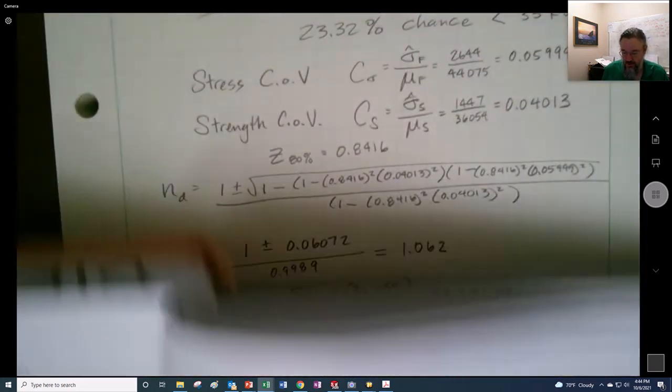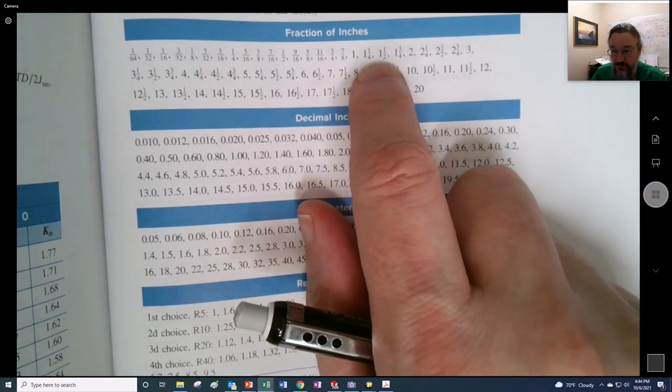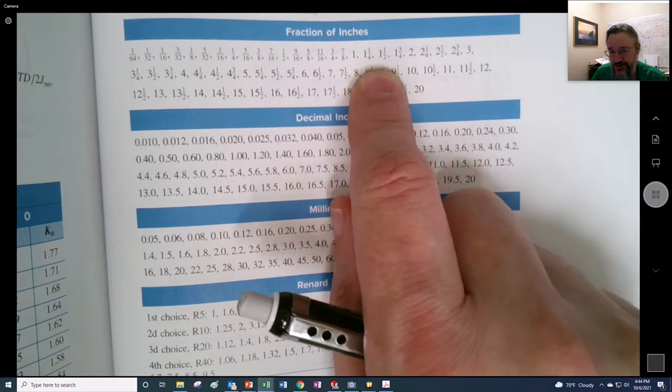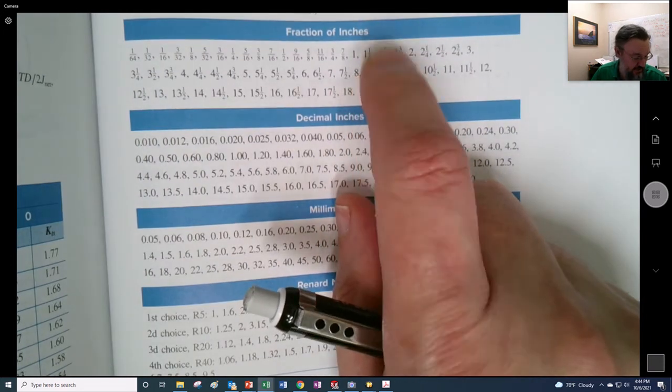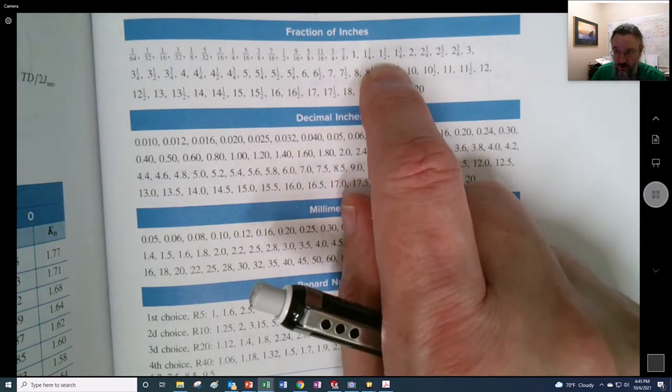Now go to the preferred sizes. 1.5. But if you notice your fractions, that's pretty close to 1 3/8, and that doesn't seem too bad to me. I kind of like 1 3/8 better than 1 1/2.